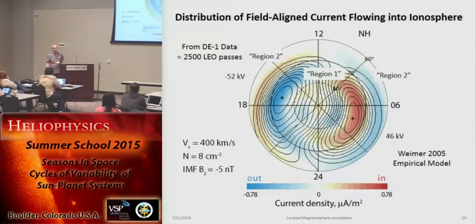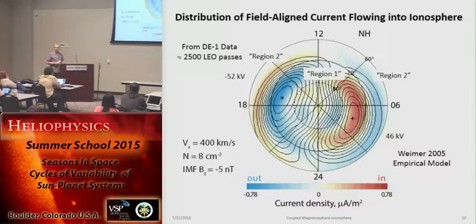Where's the electric field largest in this figure? Where the streamlines are closest together, or where the equipotentials are closest together, the gradient in the potential is largest. And so therefore, in this plot, we'd expect large electric fields here, large electric fields over here.